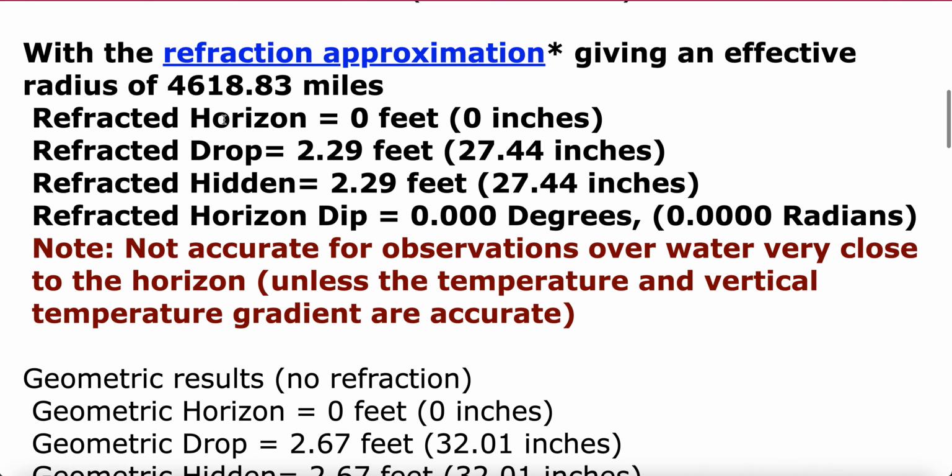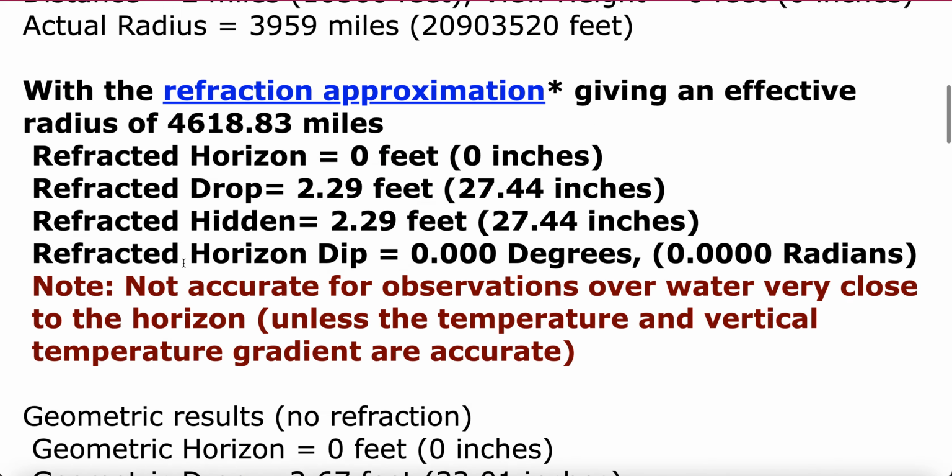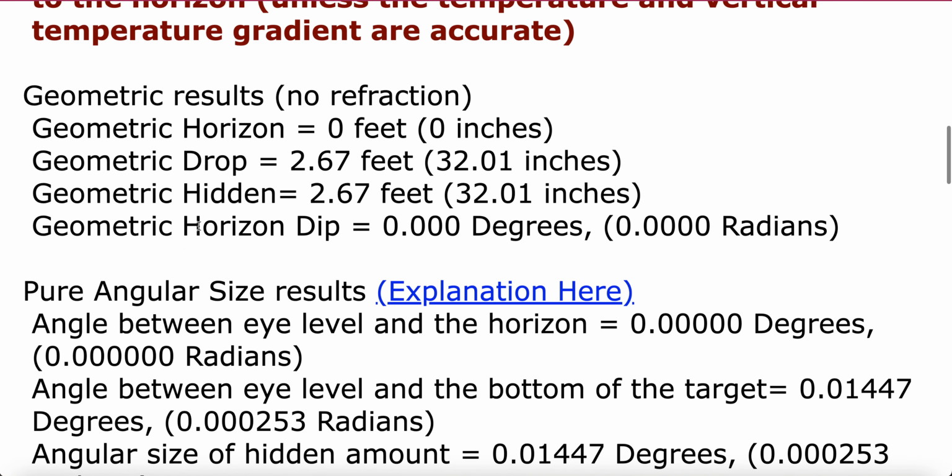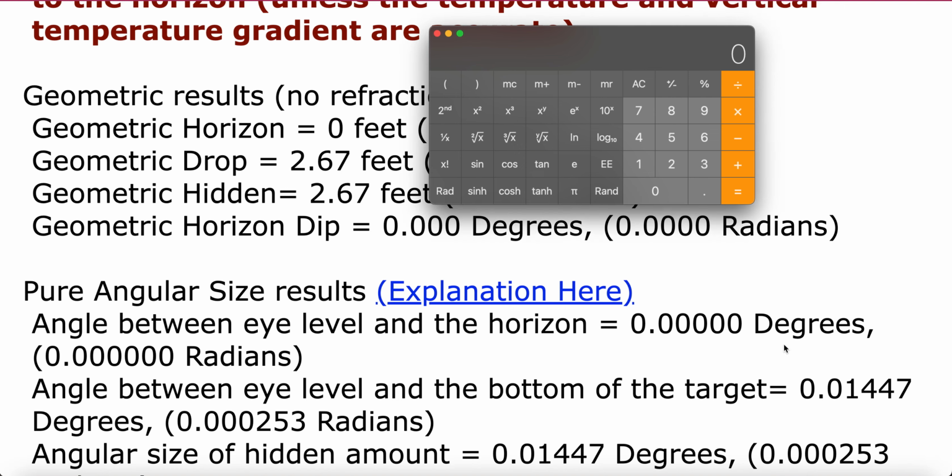So Metabunk, 2 miles will be 32 inches of drop. That means we would have a geometric hidden of 32 inches, right? So what would be left? If we take something that's 6 foot high, 72 inches minus 32 inches equals 40 inches.